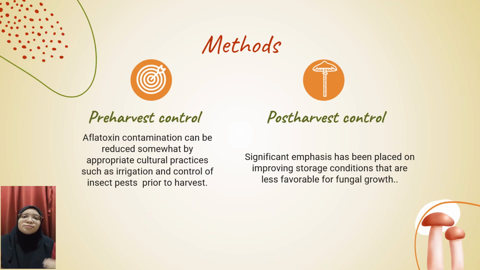For pre-harvest control, aflatoxin contamination can be reduced by appropriate culture practices such as irrigation and control of insect pests prior to harvest. As for post-harvest control, significant emphasis has been placed on improving storage conditions that are less favorable for fungal growth.